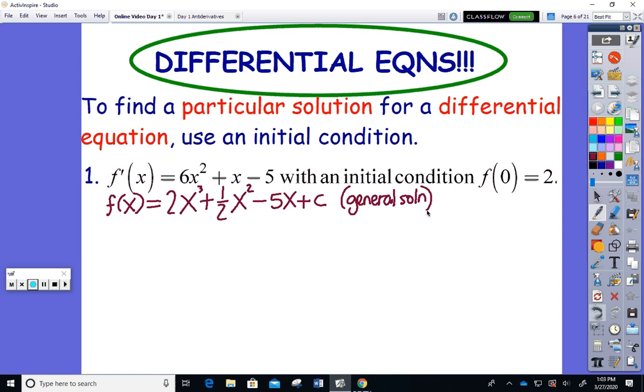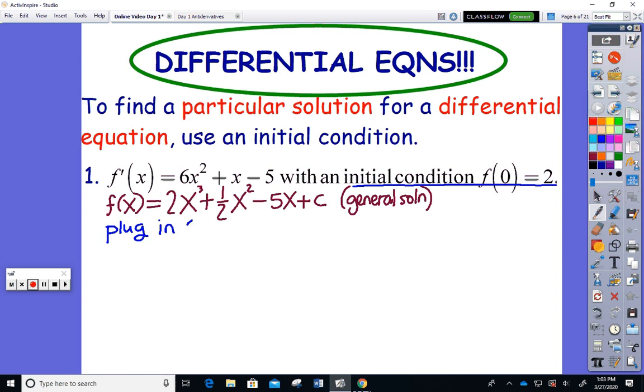But guys, if you have some sort of an initial condition, that means they're giving you a point on the graph of the function that you're seeking. So I now know that (0, 2) is on f of x.